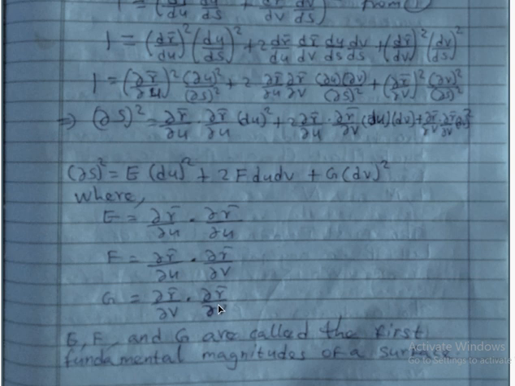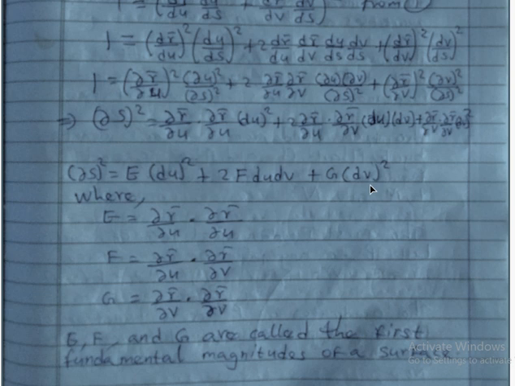So here E, F and G are called the first fundamental magnitudes of a surface, while the square of partial s, which is the same as E du squared plus twice F du dv plus G dv squared, is the first fundamental form of a surface.